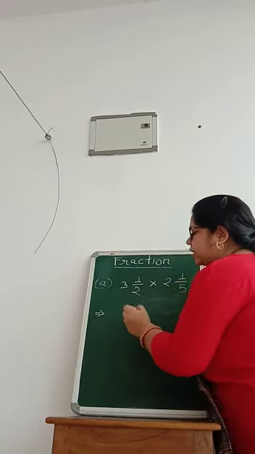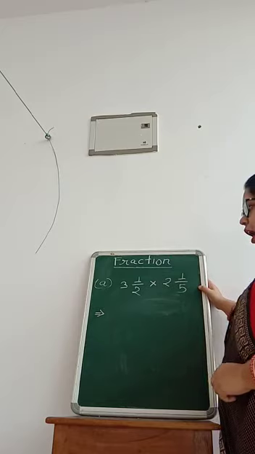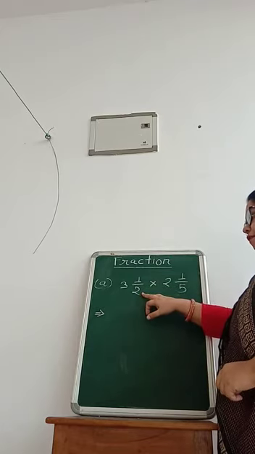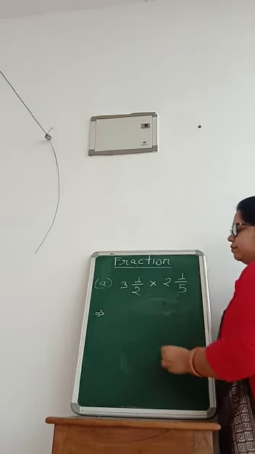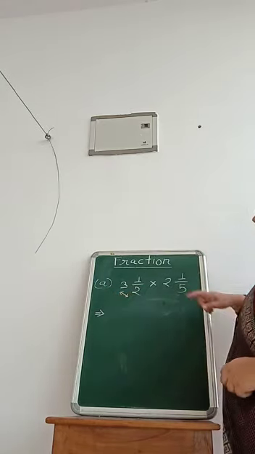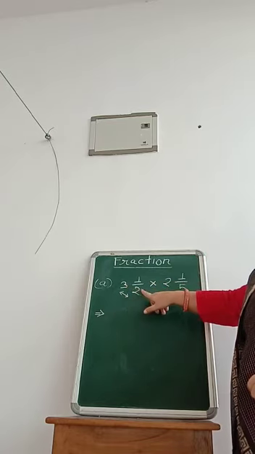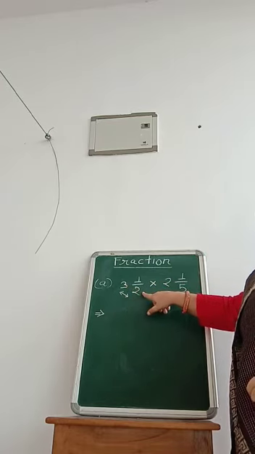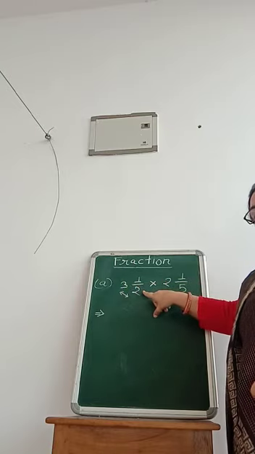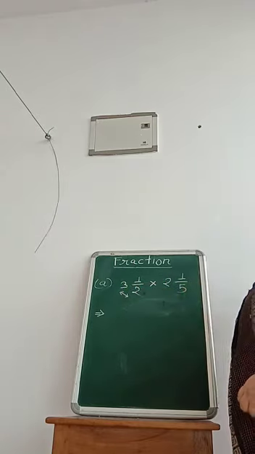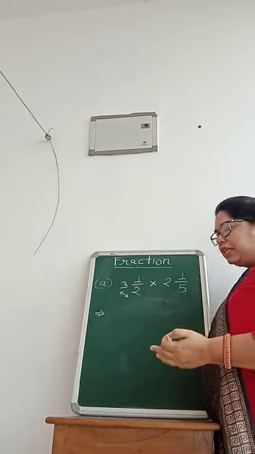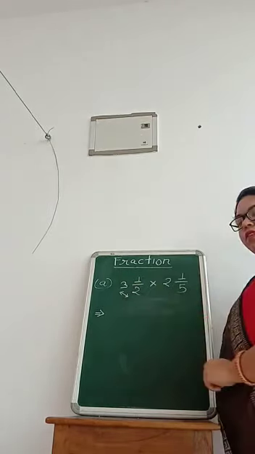You have already studied in class 6 how to convert a mixed fraction into an improper fraction. What are we doing? We multiply this whole number with this denominator, and whatever answer we get, we add the numerator 1 to it.